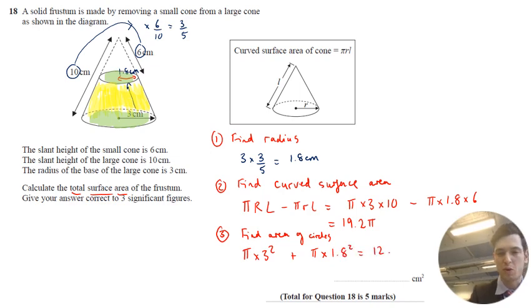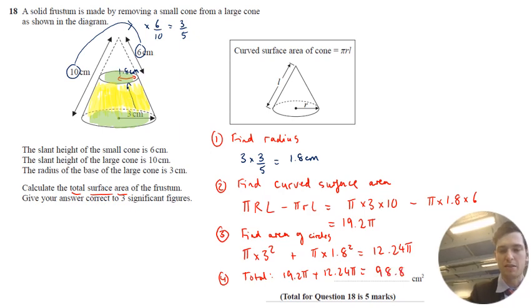That gives me 12.24 pi. Once I've done that, I've now worked out the total, and I can add together 19.2 pi plus 12.24 pi, which gives me 98.8 centimeters squared.